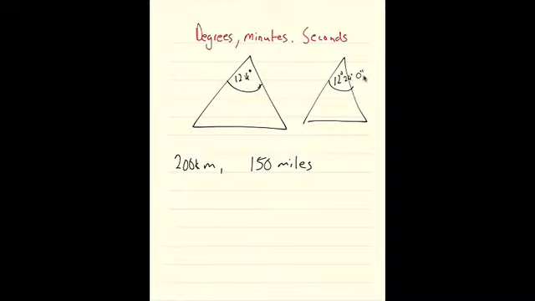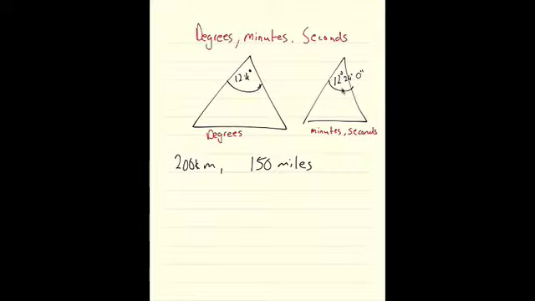This one here is in degrees, whereas this one here is in minutes and seconds. What you have to be able to do is convert from one to the other. So how do you do that?